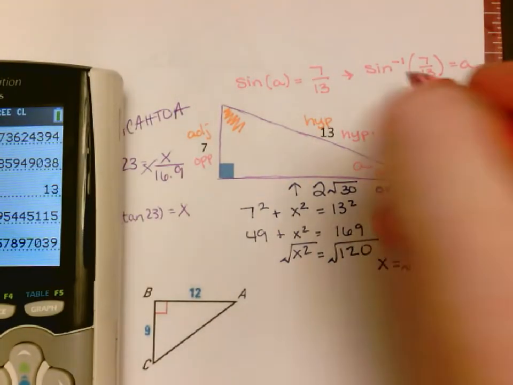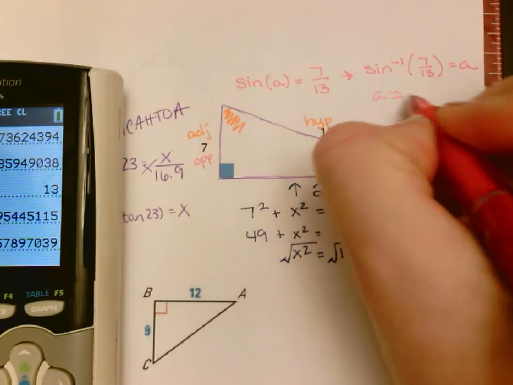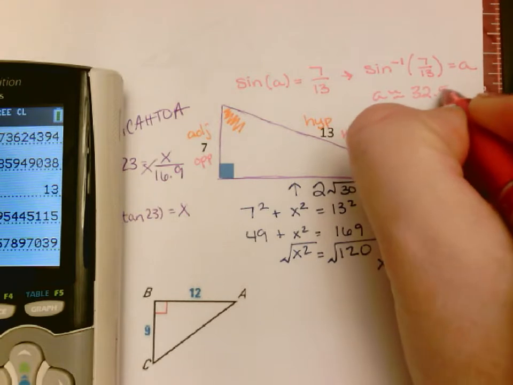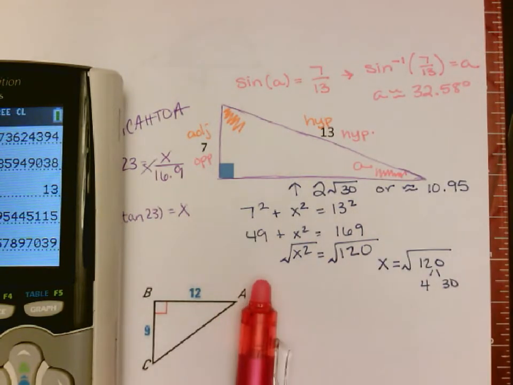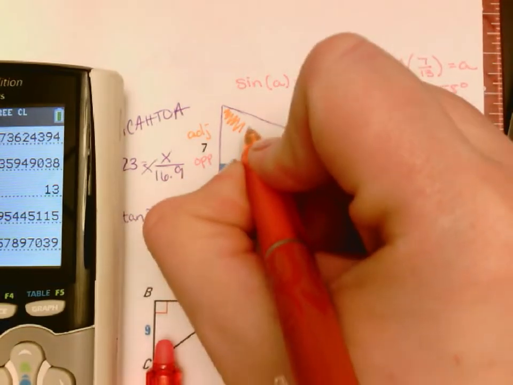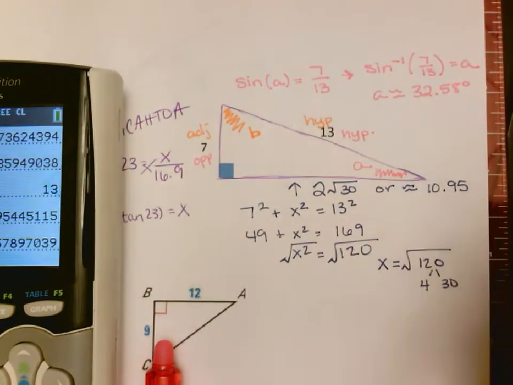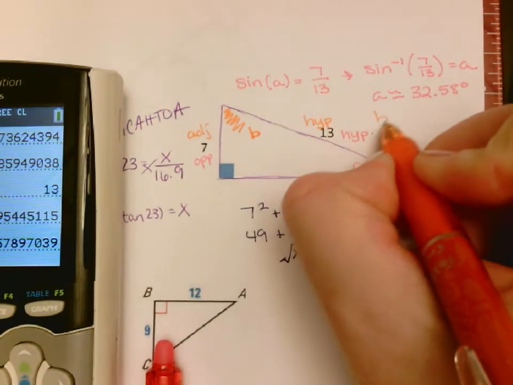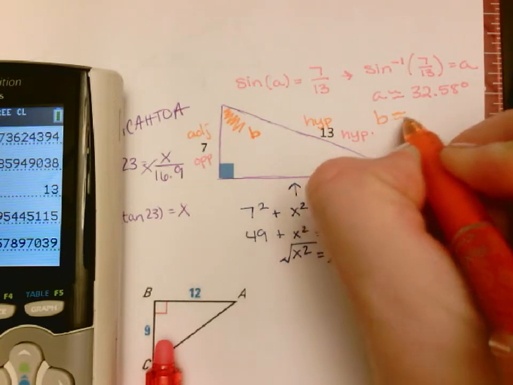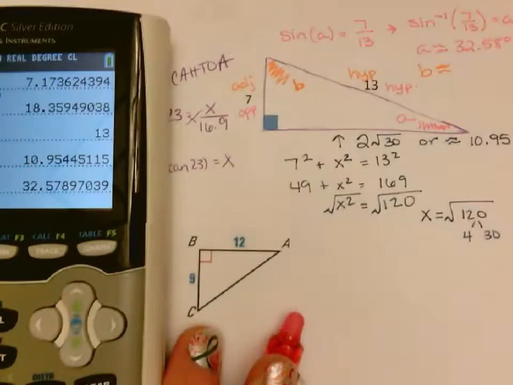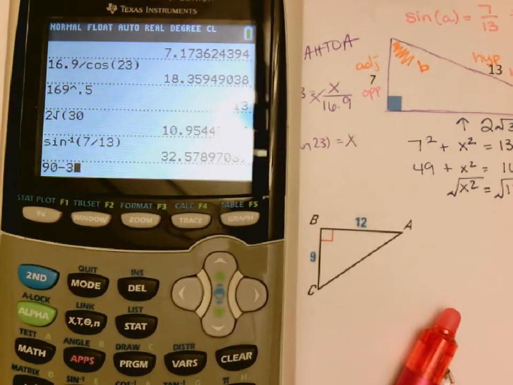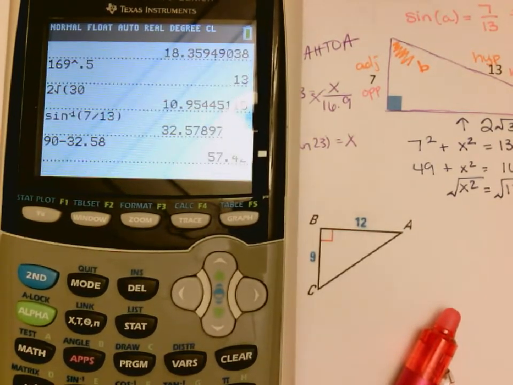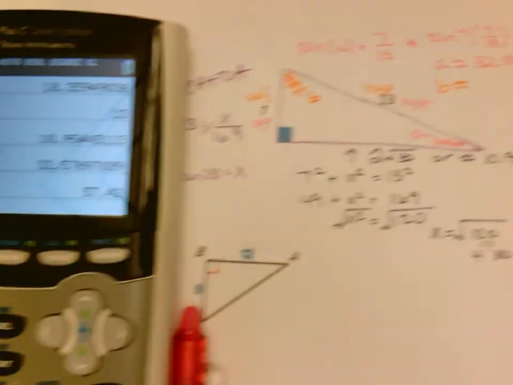So the measure of angle A is approximately 32.58 degrees. To find the orange angle, which I'll call B, B would be approximately 90 minus 32.58, which is 57.42 degrees.